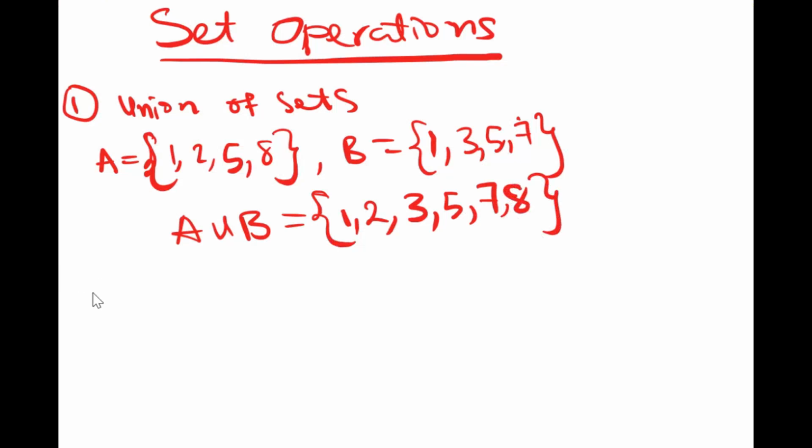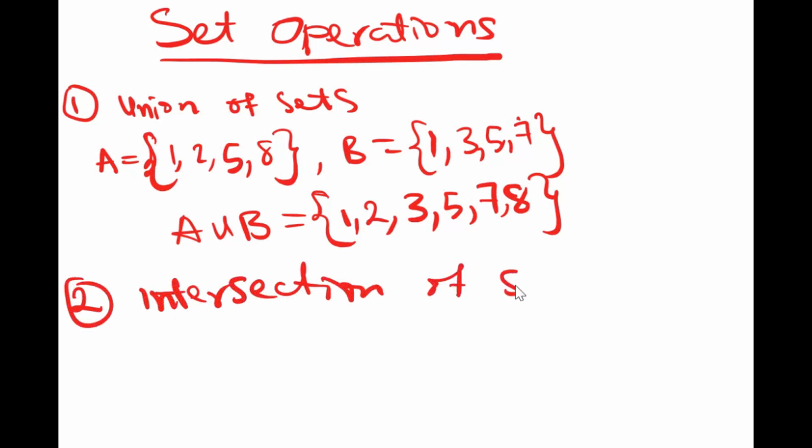The second one is intersection. Intersection of sets. So considering this A and B as well, what intersection means is the connection between A and B. That is, what elements do A and B have in common?